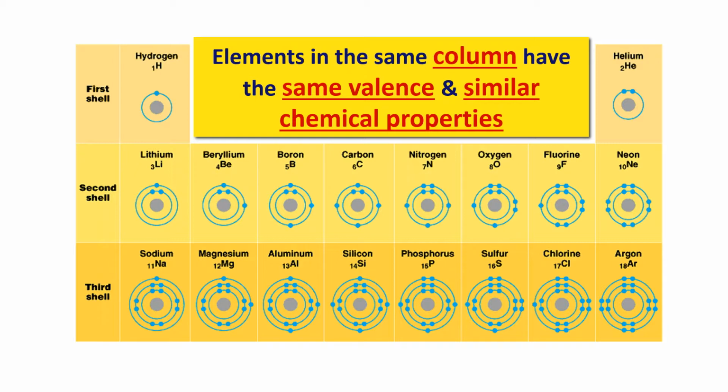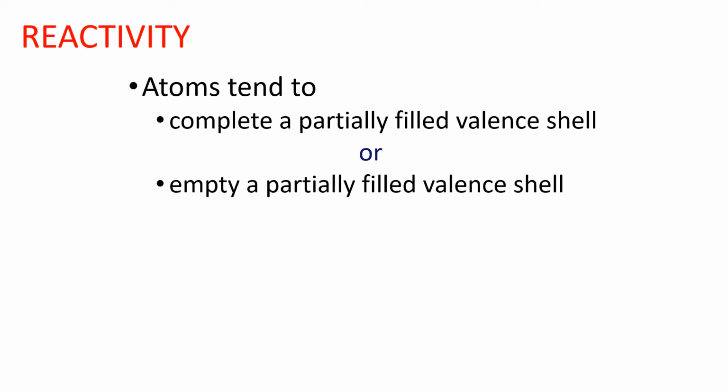We call those the valence electrons, and it does give them similar chemical properties, especially covalent bonding properties. The number of valence electrons that an atom has has a direct impact on that element's reactivity, the number of bonds it's going to make and how quickly it makes those bonds. Because atoms want to have a full valence shell.